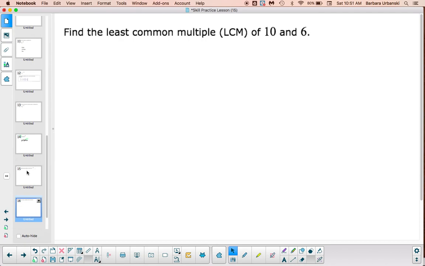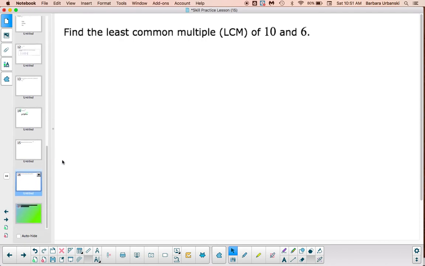And then here we're looking at the least common multiple of 10 and 6. Multiples would be like skip counting. So you can skip count by 10: 10, 20, 30, 40, 50, 60. You can skip count by sixes: 6, 12, 18, 24, and so forth.